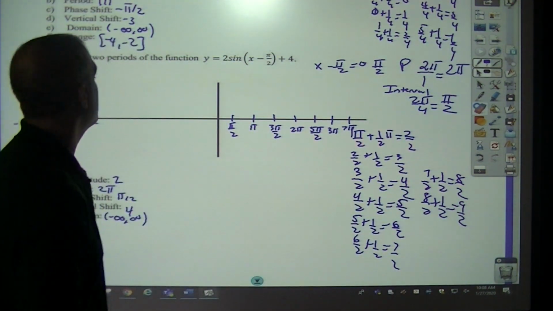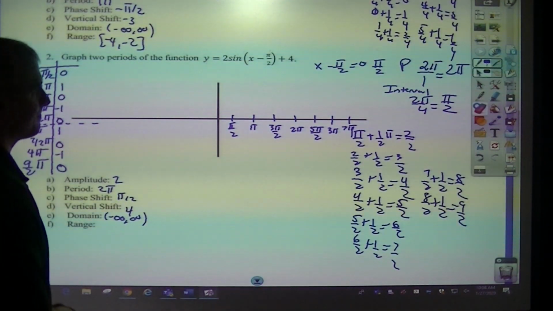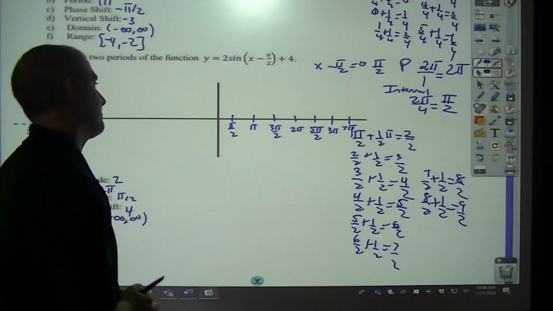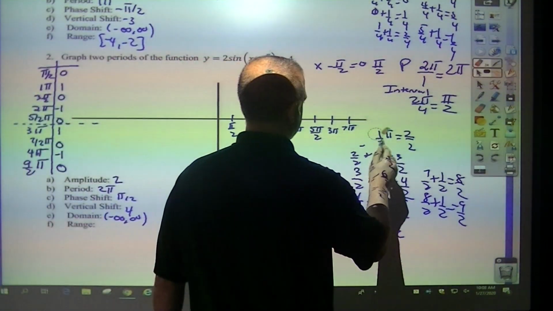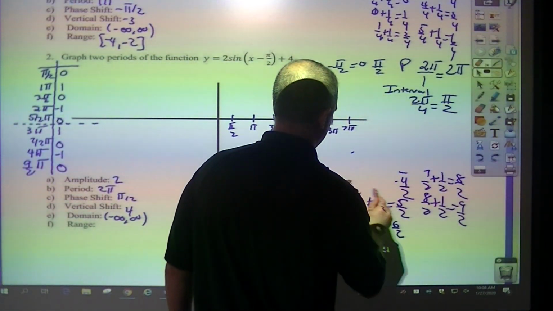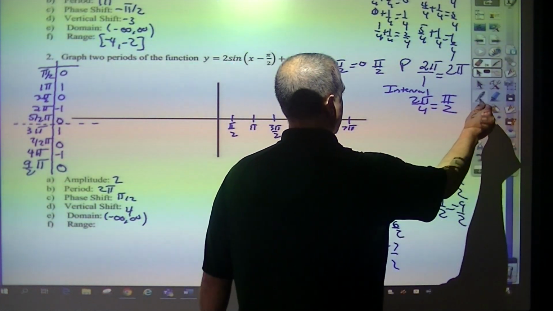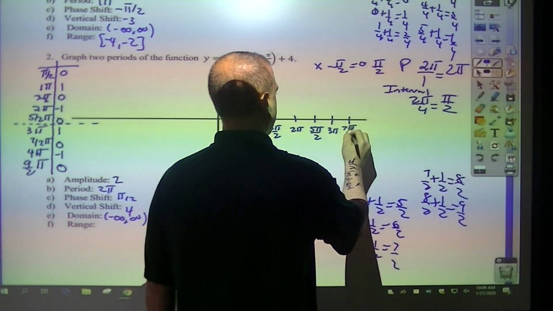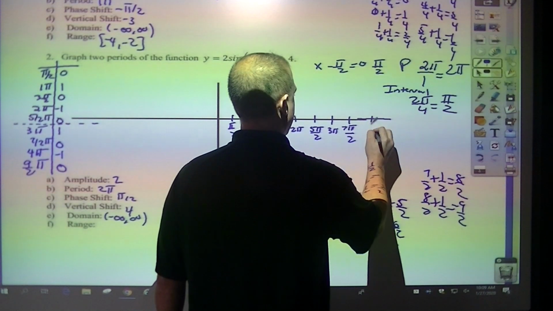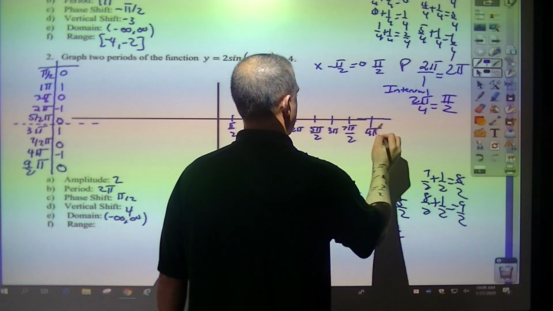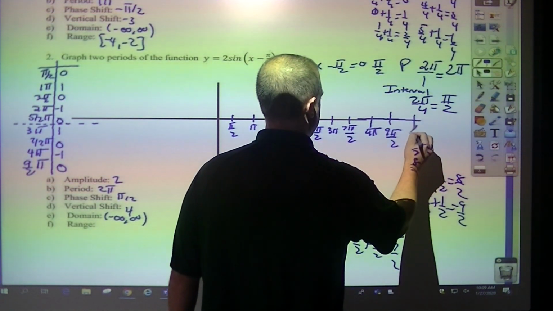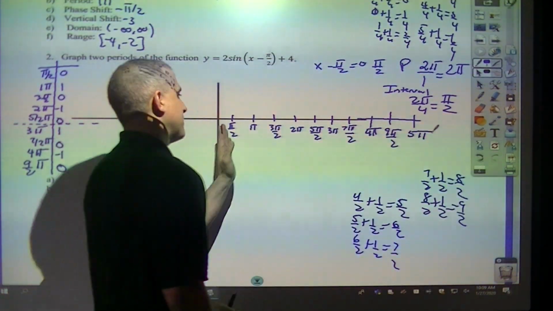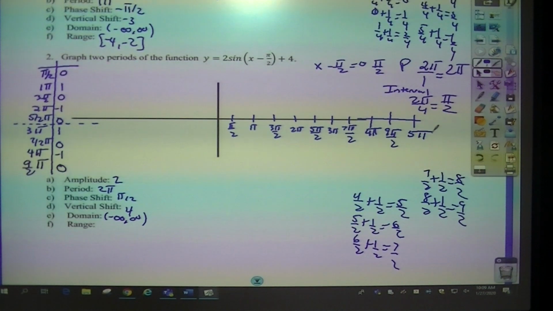Give me a second for the board to reset. I'm just going to clear this out. Okay, 7 over 2, then 4 pi, 9 over 2, and then that would obviously be 5 pi. So they work in increments, they're like odd increments there.